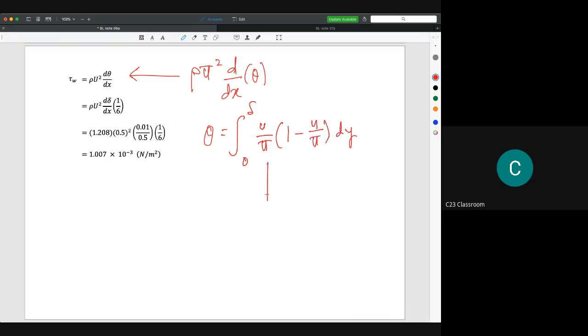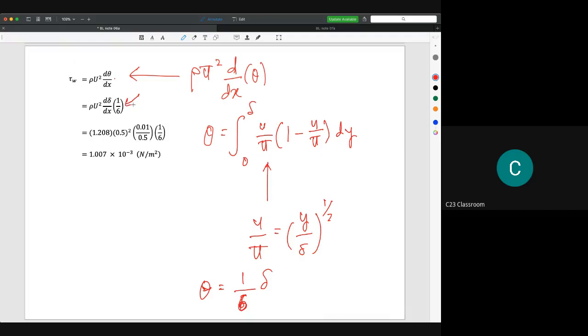We substitute the value of u over U with y over delta to the power of 1/2, and finally we get theta equal to delta over 6, and then we substitute this value into this one, so we get this term.